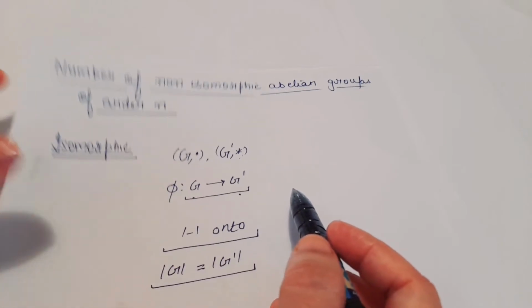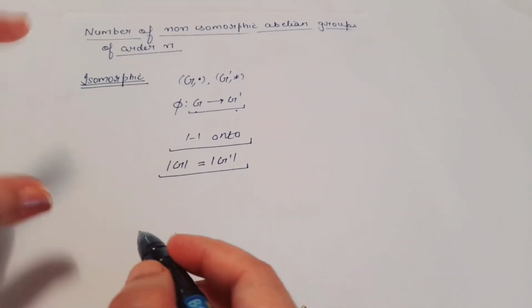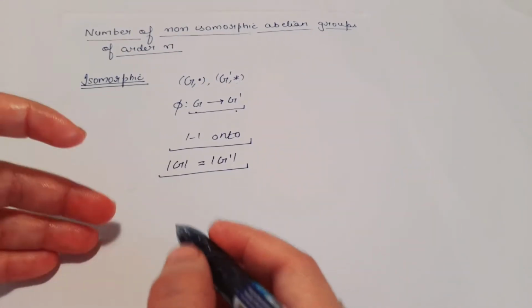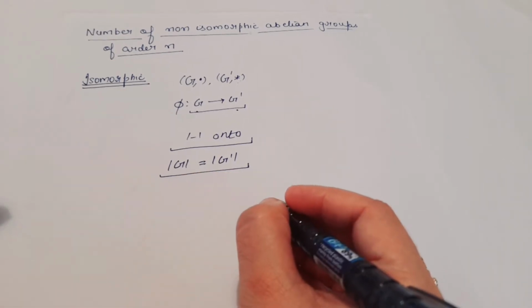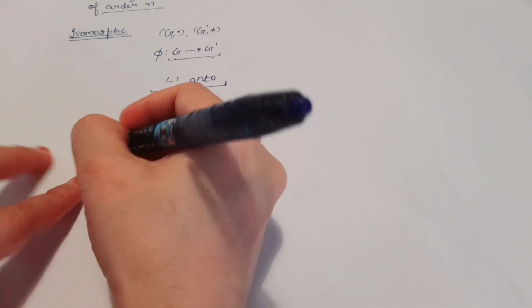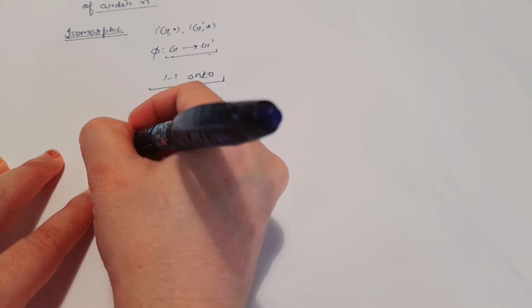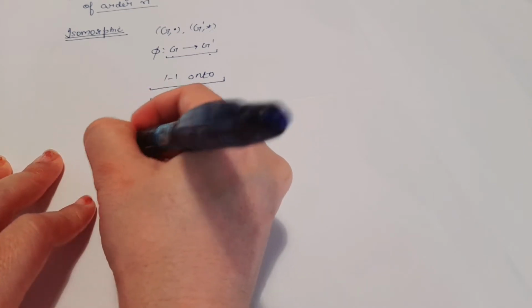When we have groups of a given order, we may have many groups of the same order, out of which some can be isomorphic to each other and some can be non-isomorphic. The main important question we get in exams, in MCQs, is how to find non-isomorphic abelian groups of that order. Suppose the order of G is n.